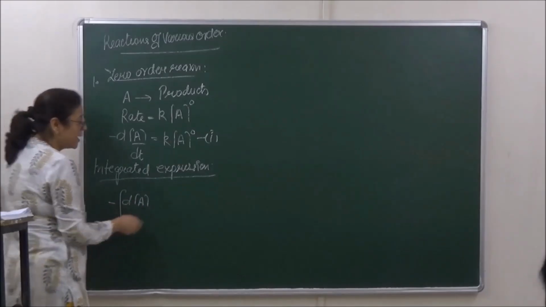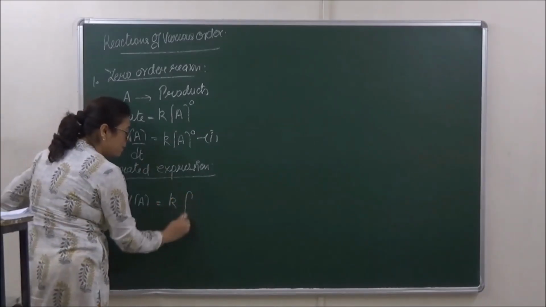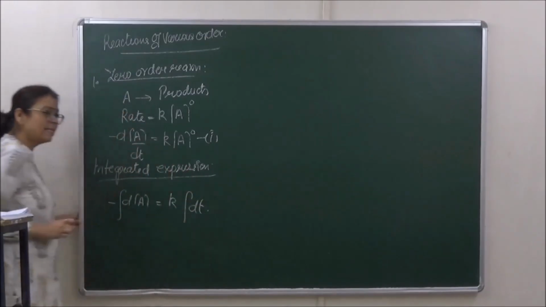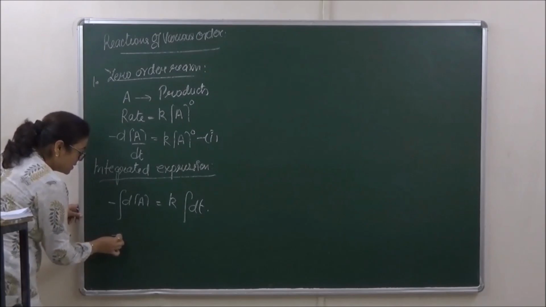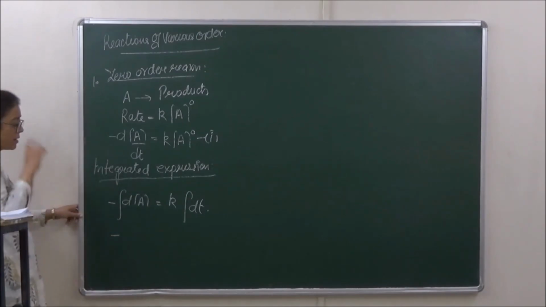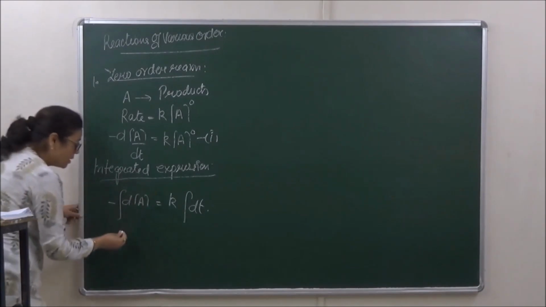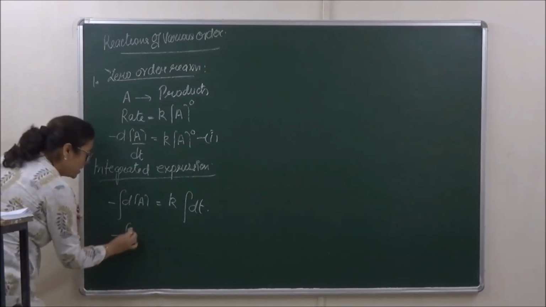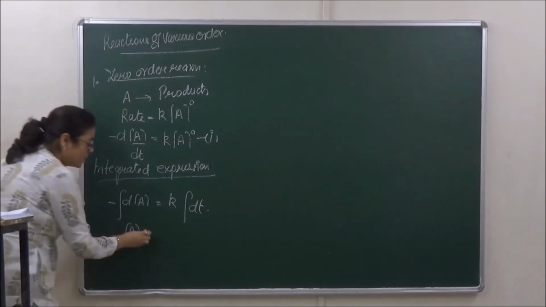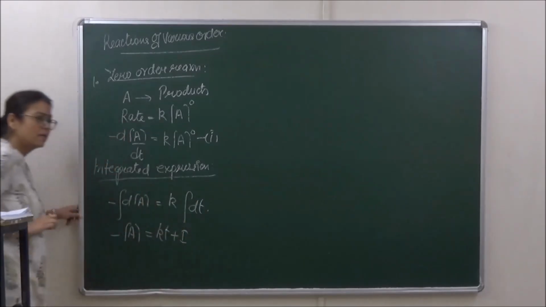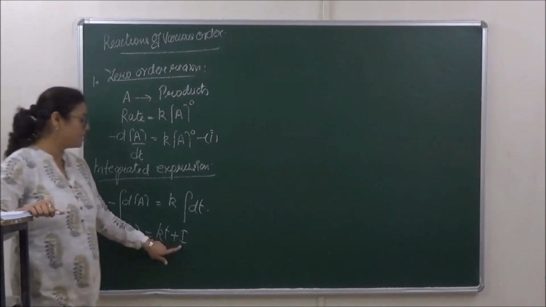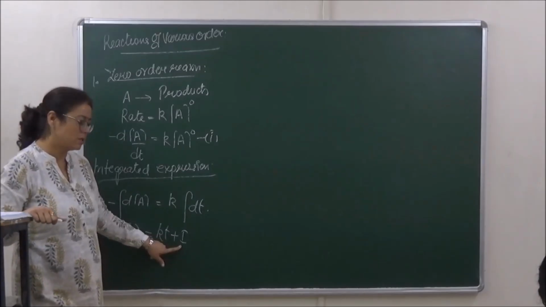So minus dA is equal to k dt. And minus dA, if you are integrating the differential equation, minus A is going to be equal to kt plus I, where I is the integration constant.